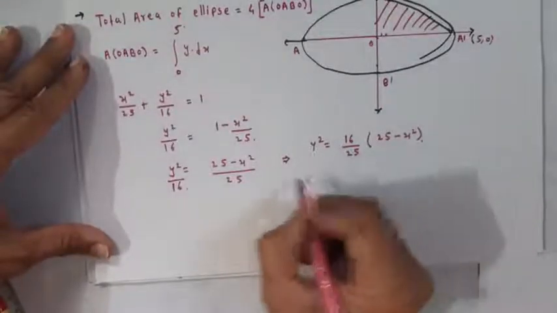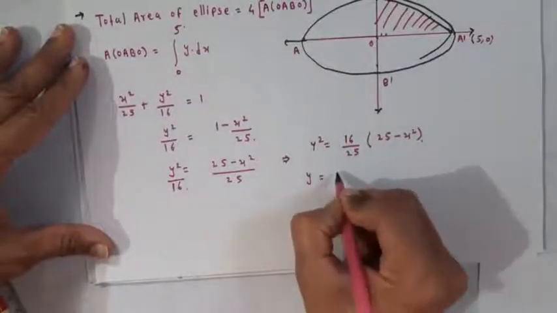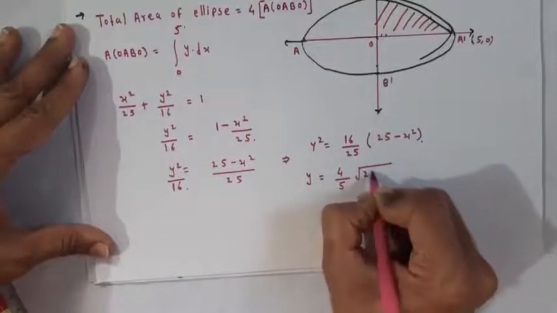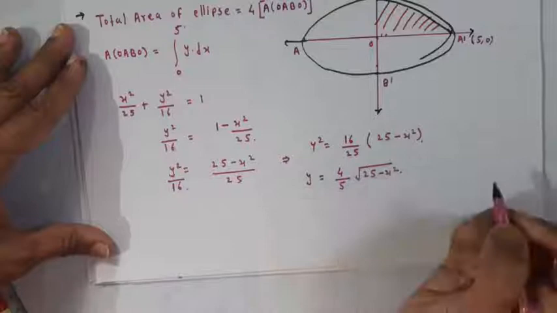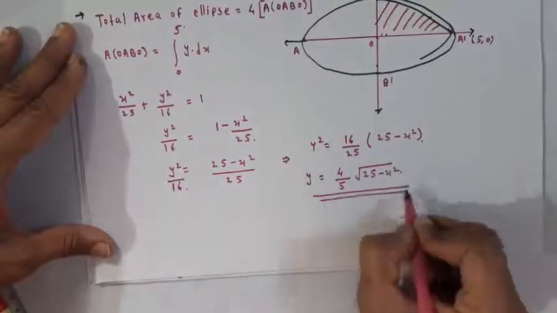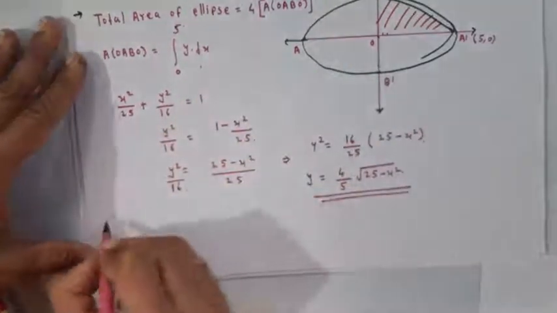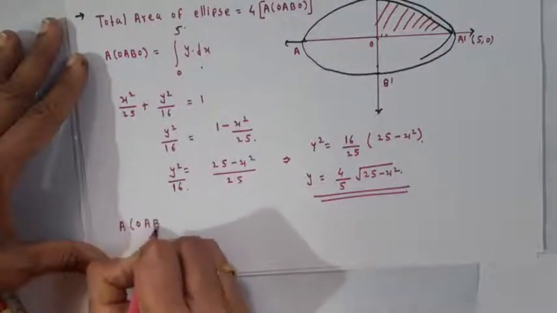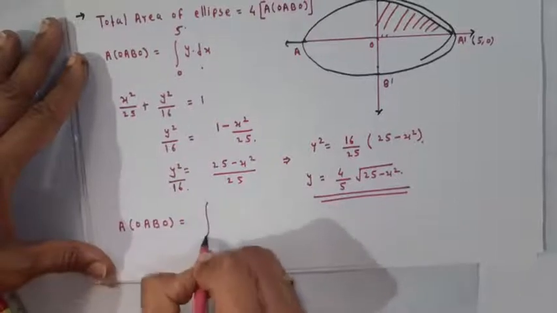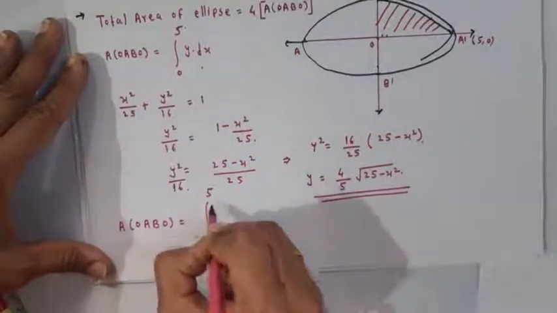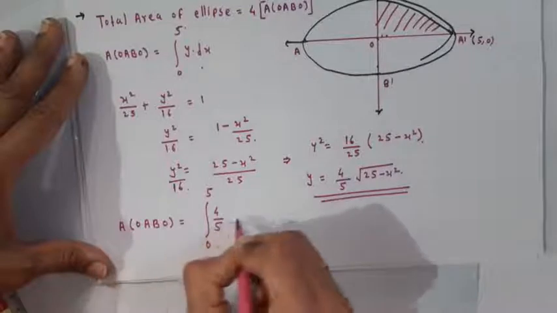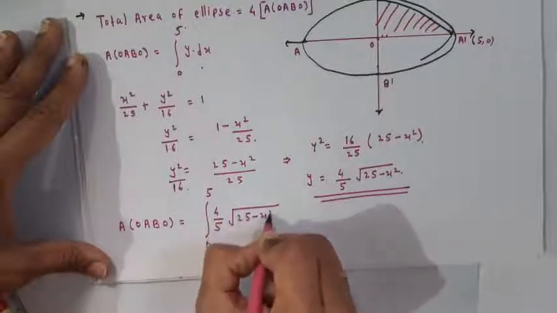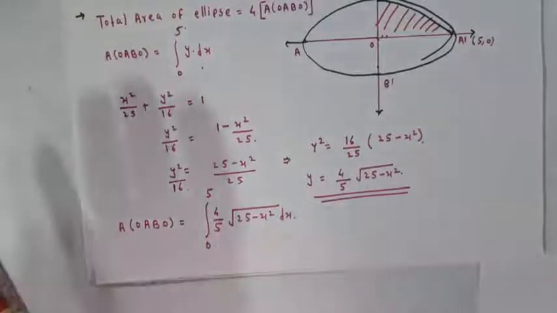Taking square root on both sides, we get y equal to 4 upon 5 square root of 25 minus x square. Put this value here, we will get area OABO equal to integration 0 to 5 of 4 upon 5 square root of 25 minus x square with respect to x.